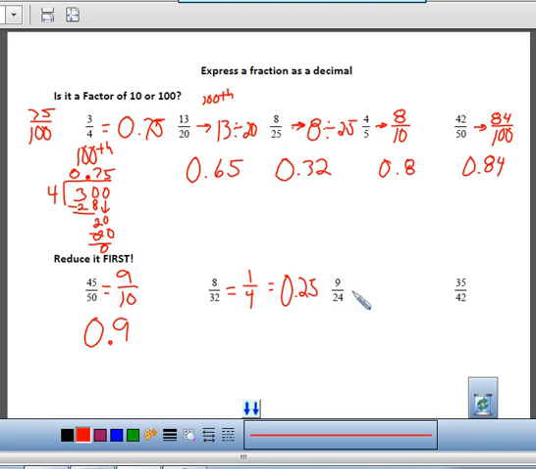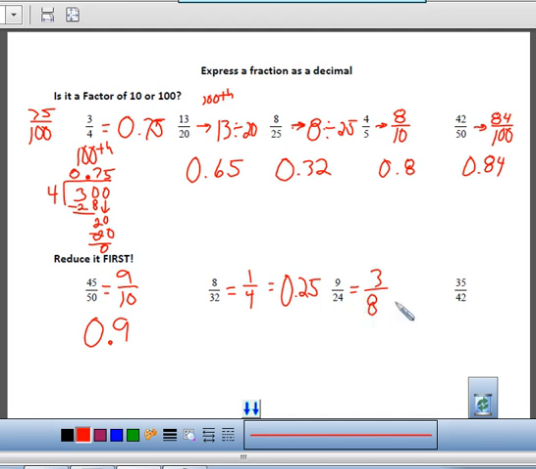9 over 24. What can 9 and 24 be divided by? 3. That's right. So 9 divided by 3 is 3. 24 divided by 3 is 8. 3/8. Now, not everybody knows what 3/8 simplifies to. So you can do long division. You can try to find a nice number that 8 goes into.